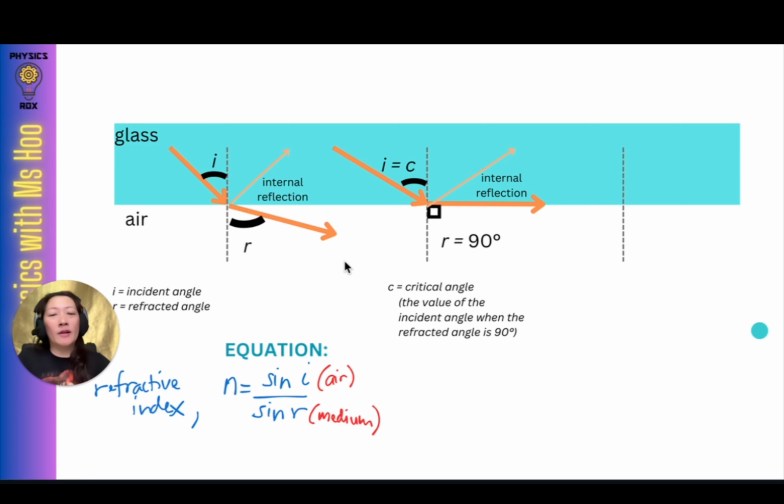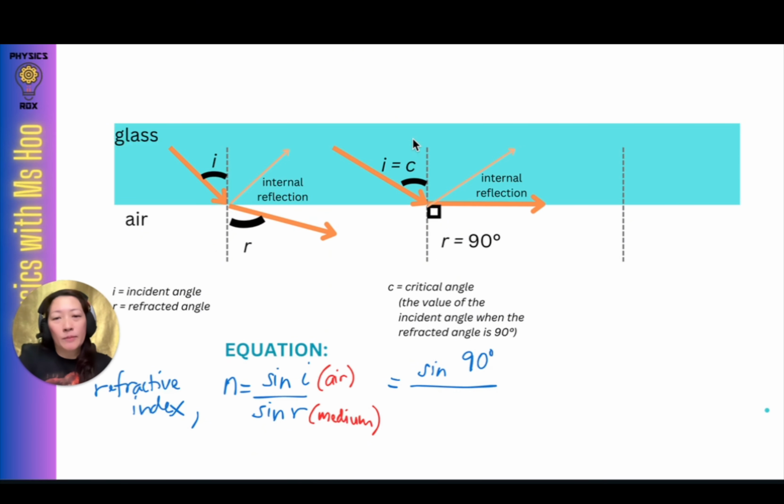So based on this condition, like I said, we're going to take the angle of air on top. We can see that in this second diagram, the value of the angle in air is now 90 degrees. So I'm just going to do a direct substitution, sine 90 degrees.